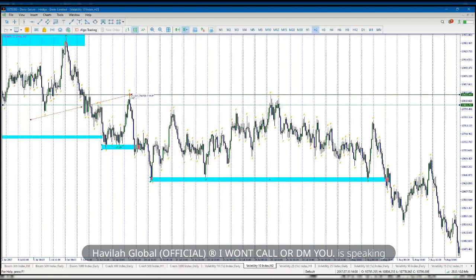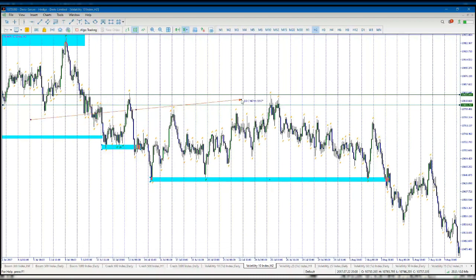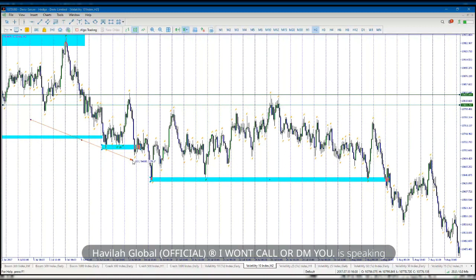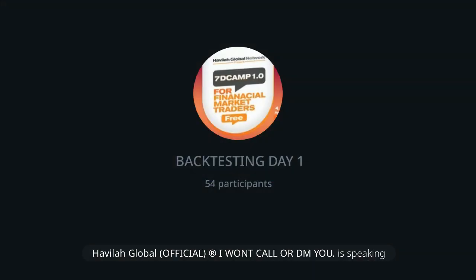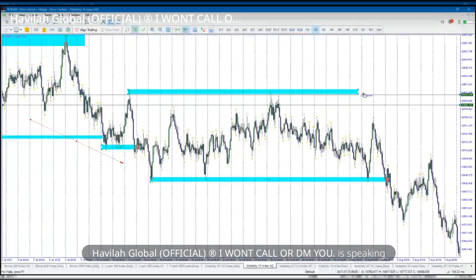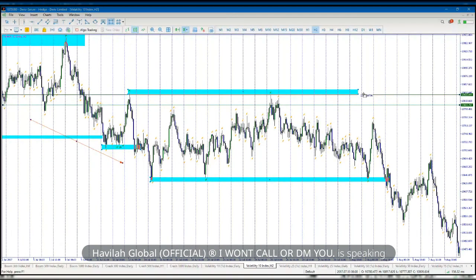So let's say, because of this move that happened here, you don't delete your limit here. Looking at what is happening, you may want to set your limit back, because structure is still intact. This is our range, and price is still playing within our range.